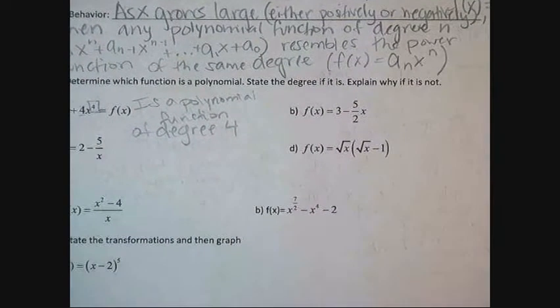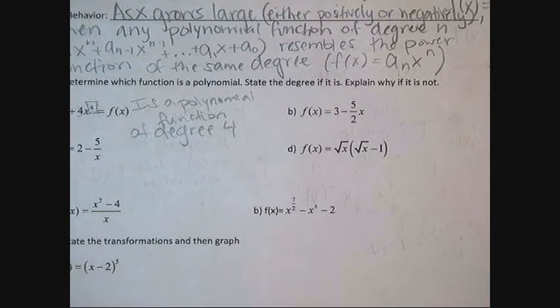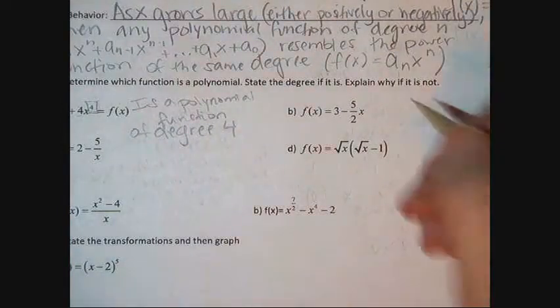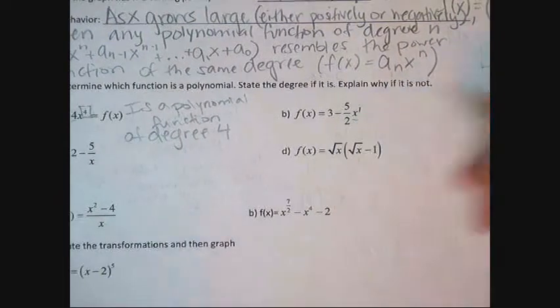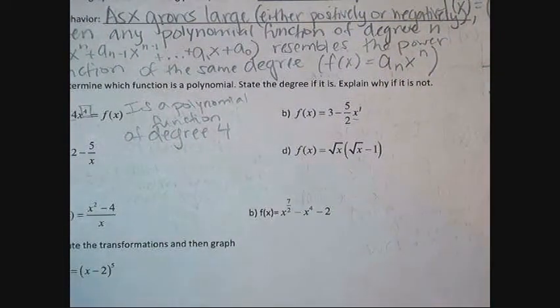Now moving on to look at B. Looking at B, let's go through our criteria. We only have one x term in this function, this one right here, and the exponent for this x term is 1. So 1 is A, non-negative, and B, an integer, a whole number. So our exponent we do not have to worry about.